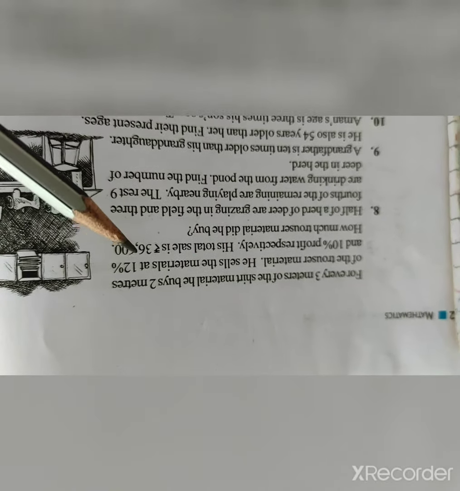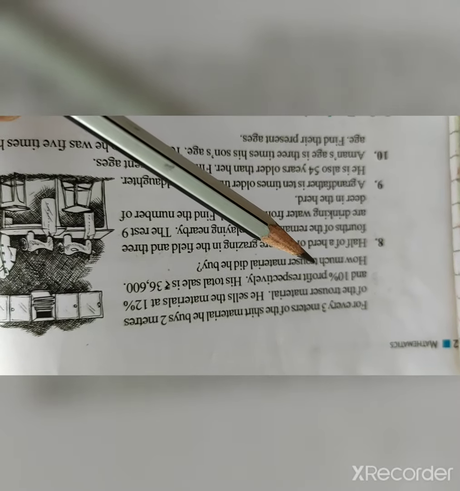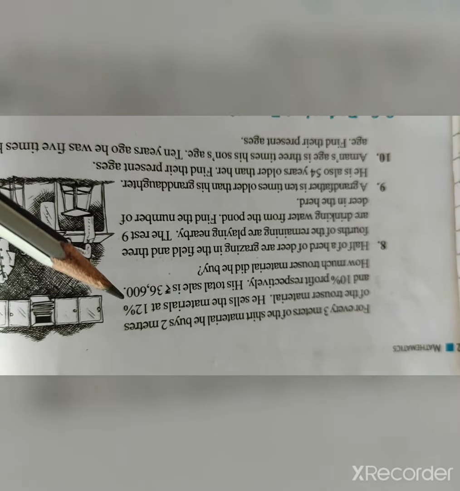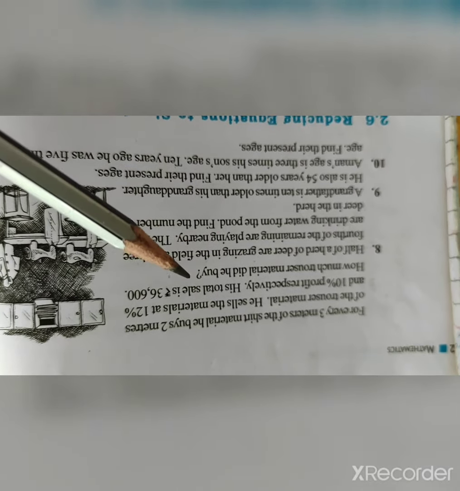He sells the materials at 12% and 10% profit respectively. So for shirt, he is gaining 12%, and for trouser 10%. His total sale is rupees 36,600. How much trouser material did he buy? So let us start the solution.